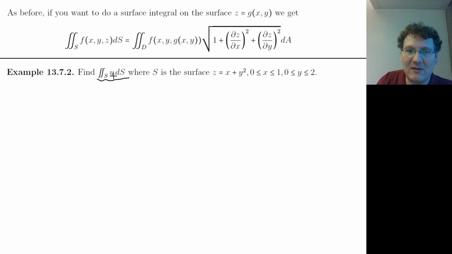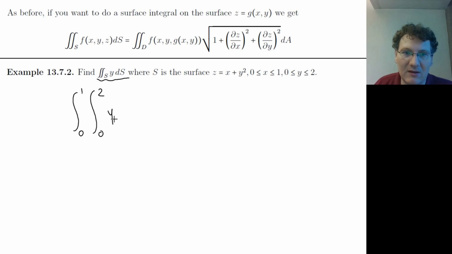So the function is y, and so we're just going to have x going from 0 to 1, y going from 0 to 2. Y is our function of x, y, and z, which is g of x, y, which is x plus y squared. There's no z in my function in the beginning, so there's nothing happening there.